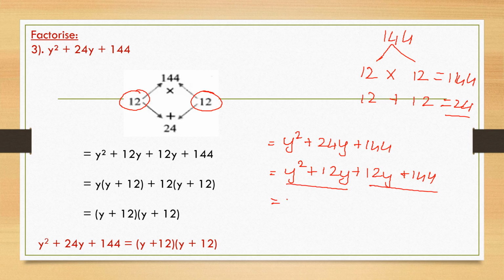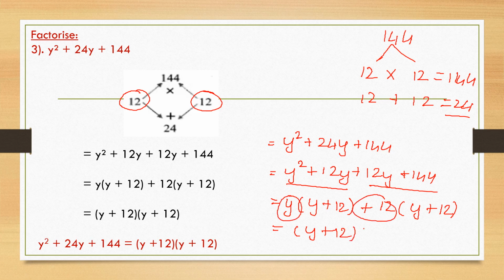In the first pair, y is common, so y plus 12. And in the second pair, 12 is common, and inside the bracket you will be left with y plus 12. Now I will just write it, so this will be y plus 12. And after that, this y and this plus 12 will write it together, that is y plus 12. So you see our factors are y plus 12, y plus 12.